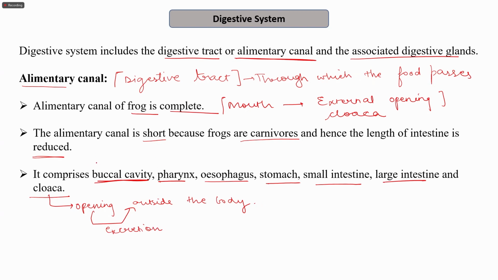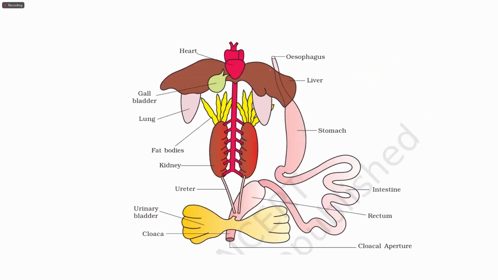So, it starts from the buccal cavity, then we have the pharynx, the esophagus, stomach, small intestine, large intestine, and cloaca. The buccal cavity is not shown in this figure. Then we have the esophagus, which is a tube-like structure through which the food passes, and the food enters into the stomach, where the food is digested.